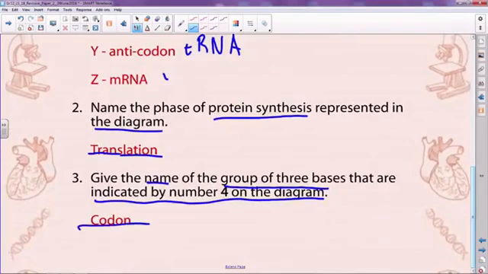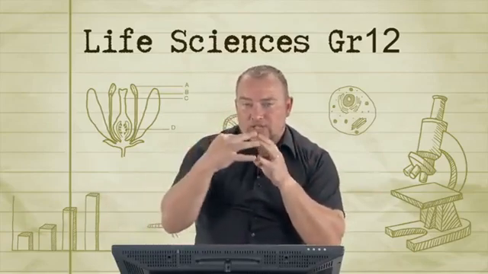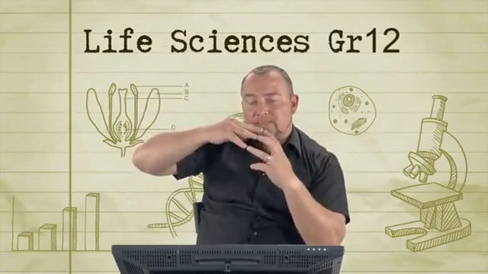Remember, the DNA molecule has triplets, and your mRNA joins those triplets to create a codon. That codon goes to the ribosome, and from the ribosome you get anticodons joining them, the opposite of codons. And the anticodon belongs to your transfer RNA.